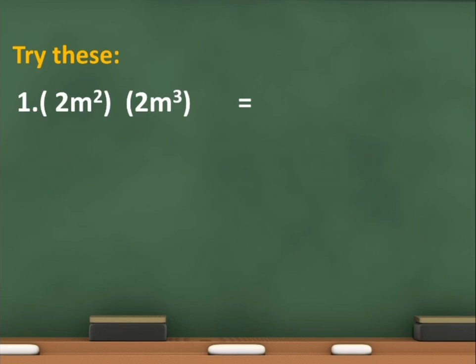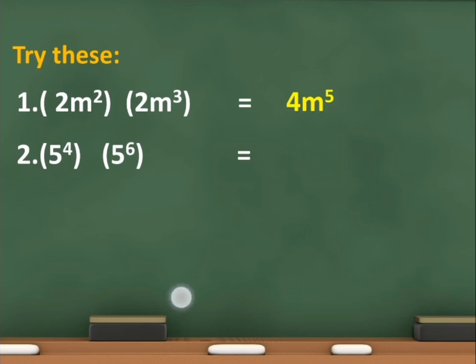So our answer is 4m to the 5th power. Next, for number 2, 5 to the 4th power times 5 to the 6th power is equal to 5 raised to the 10th power.